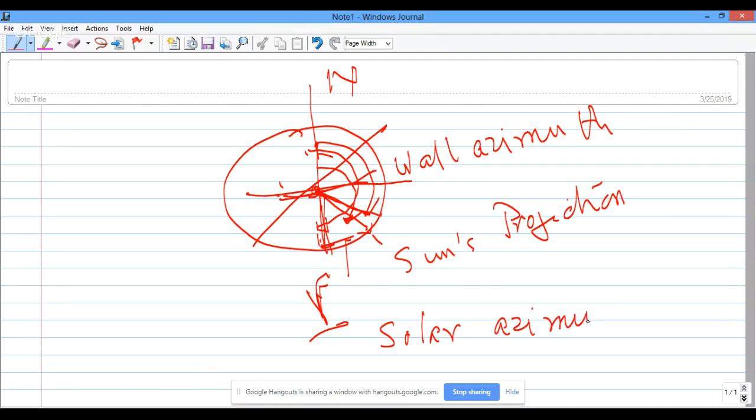Solar azimuth, if you recollect from our slides, right? So how did we give the solar azimuth angle? This is altitude.